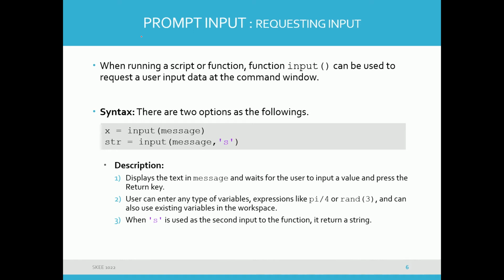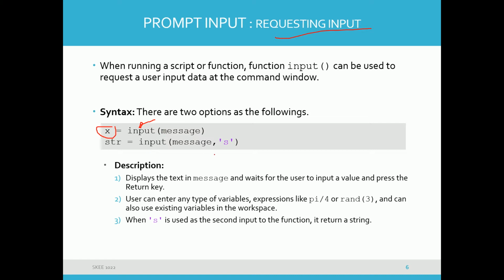The first one is the prompt input, request and input. I think you already learned about this before, because when you learned the previous chapter, you actually had to learn about this. Basically input is where you store the data: a variable equals input, this is the code, and then your message. Just use this one.